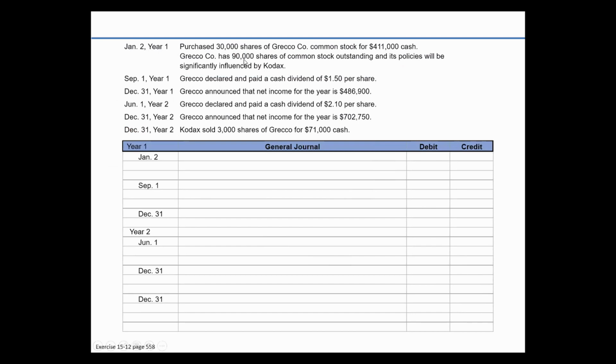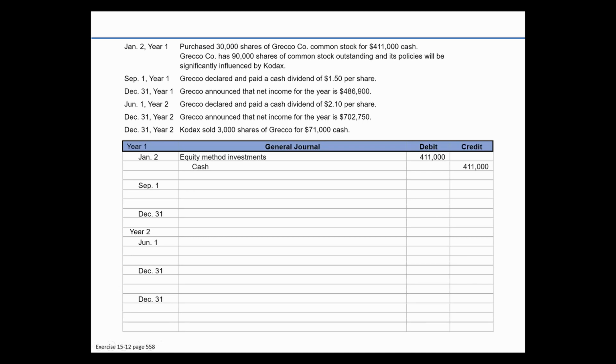Greco has 90,000 shares of common stock outstanding, and its policies will be significantly influenced by Kodak's. So we would have an equity method investment for the amount of $411,000, credit to cash the amount of $411,000.